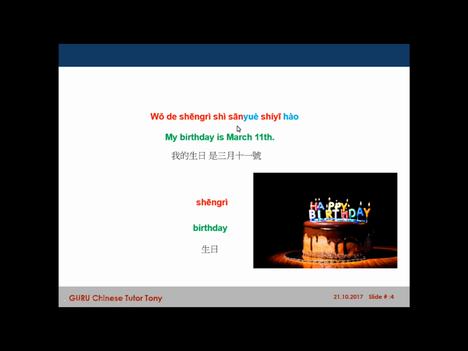My birthday is March 11th. So March 11th is actually my real birthday, and my star sign is Pisces. If anyone's star sign is also Pisces, they say Pisces is very romantic. Do you think so? Okay, so 我的生日是3月11号, my birthday is March 11.